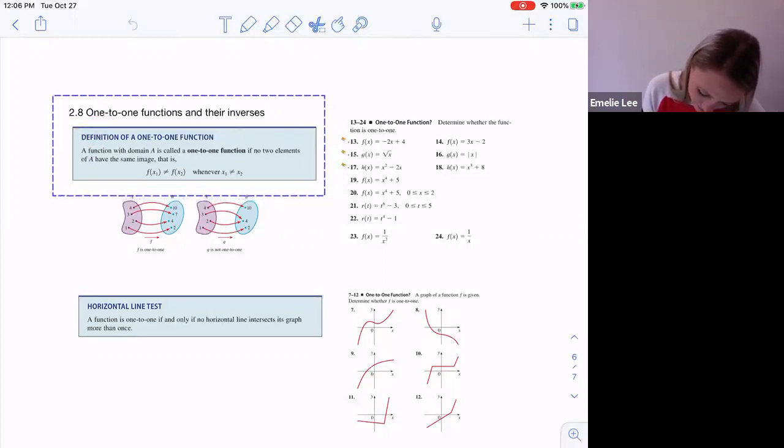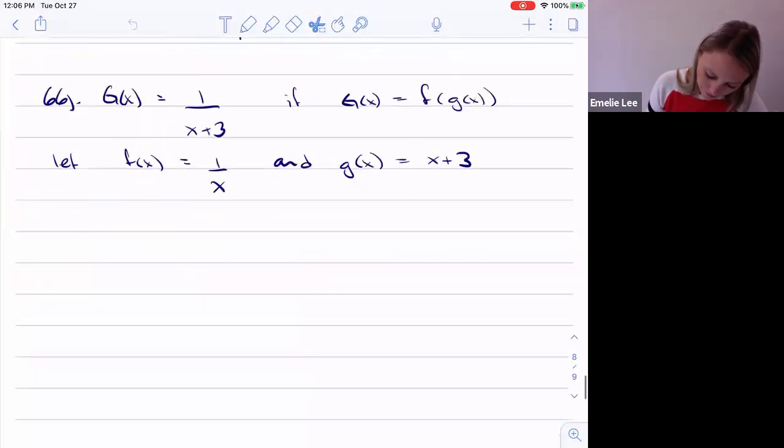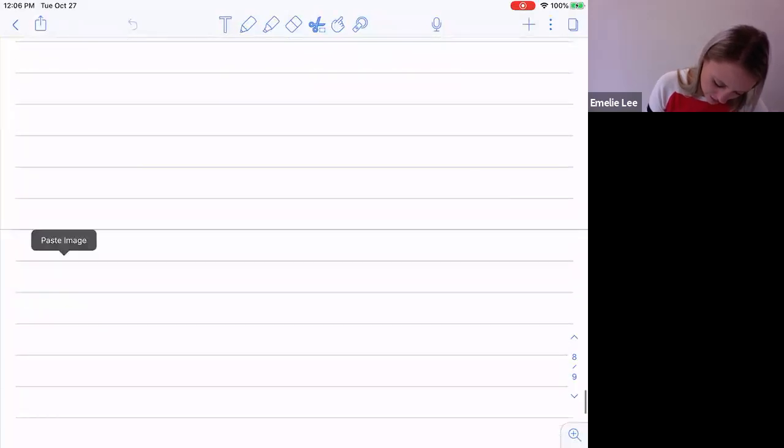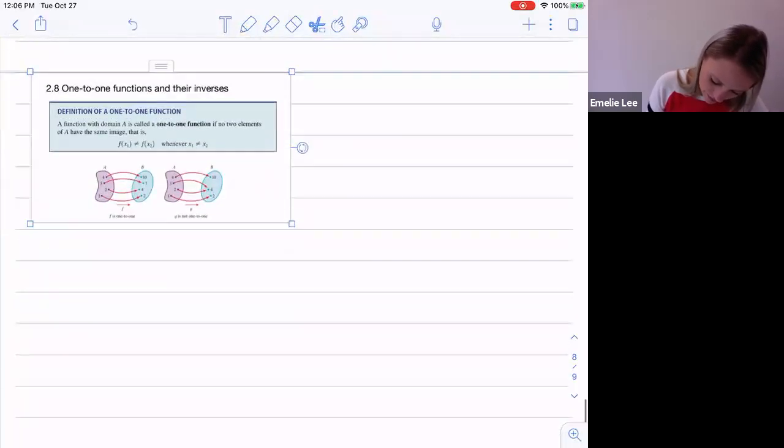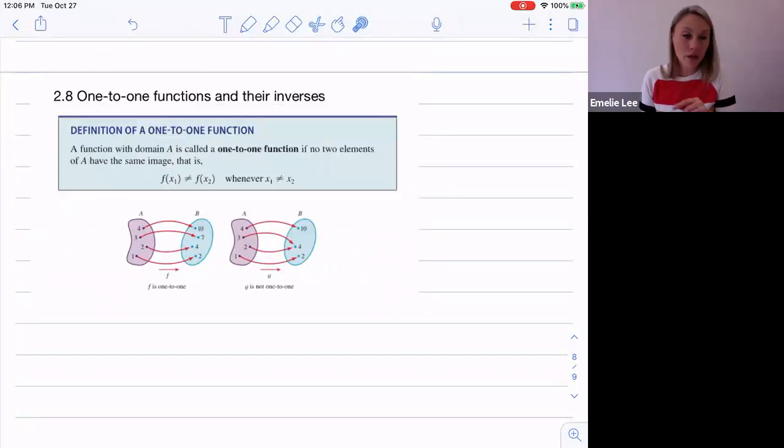I'll put it on a new page, start fresh here. So what's going to happen is we're first going to talk about one-to-one functions.